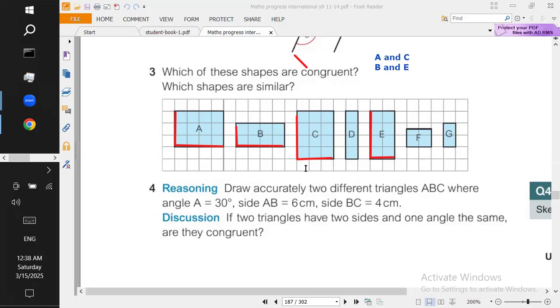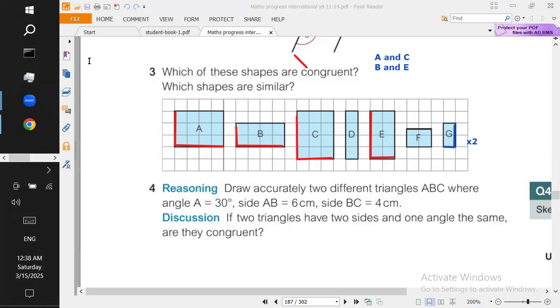For example, let's use the colors. The rectangle G here has 1 and 2, so it's 1 by 2. When we multiply this by 2, it's going to be 2 by 4. So it will become like E, 2 by 4.